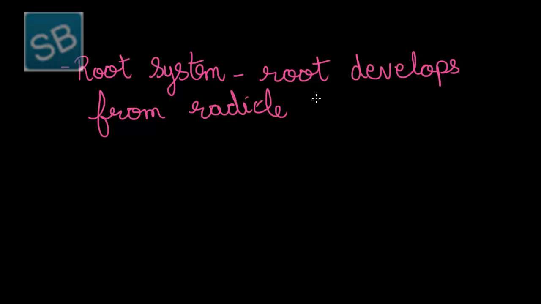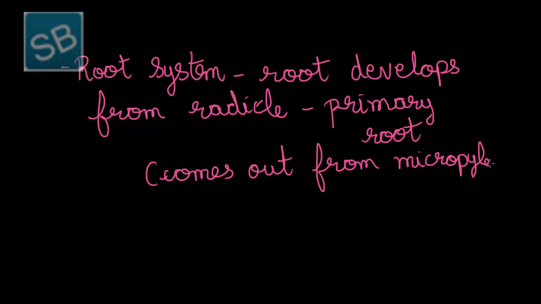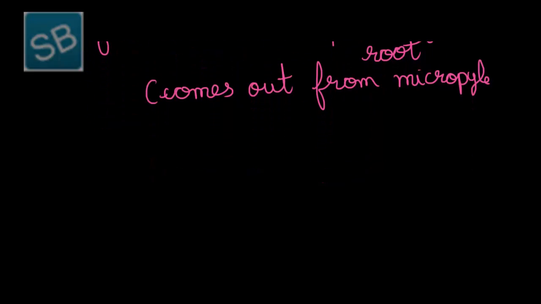And this root that develops initially from the radicle is known as the primary root, which comes out from the micropyle. And this initial stage of developing the primary root is known as sprouting.